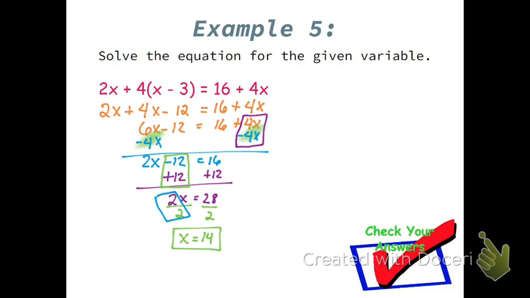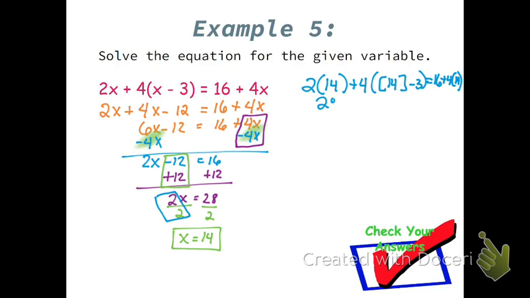And then we're also being reminded to check our answer here. So remember, you can check your answer by going back to the original problem, and everywhere that you see an x, replace that x with the solution that you found. And we want to see if we get a true statement once it is simplified.